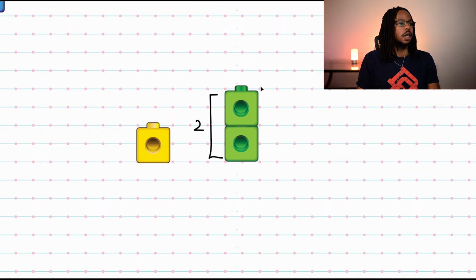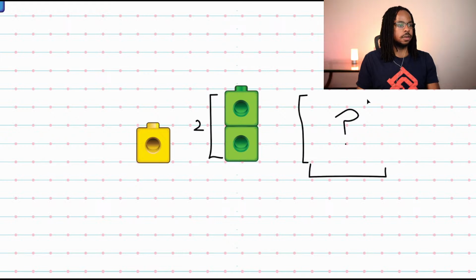Now, if the rule is that the square has to be the same height and the same width, what would that be then? So then the total would be 4 units.